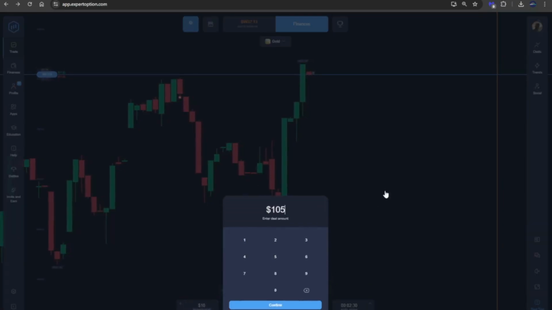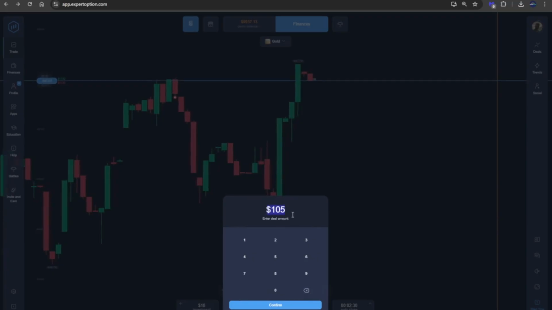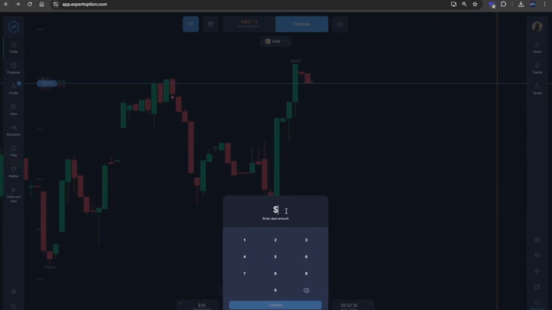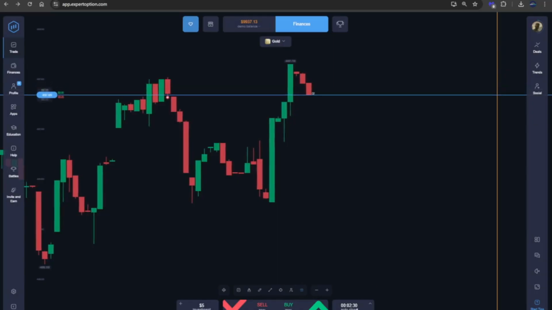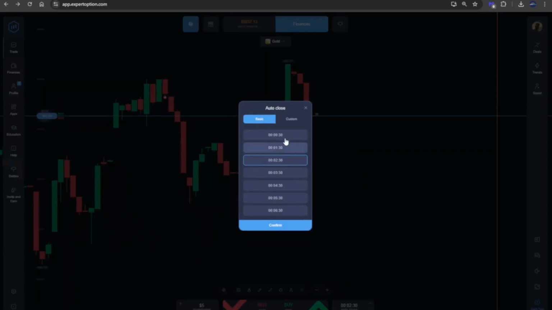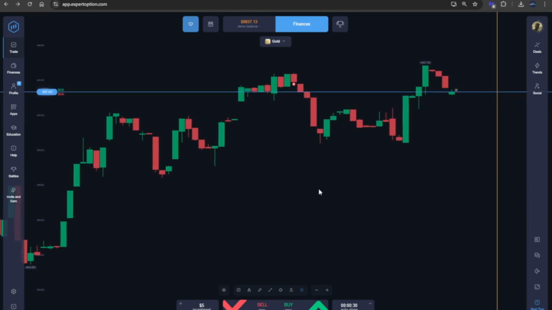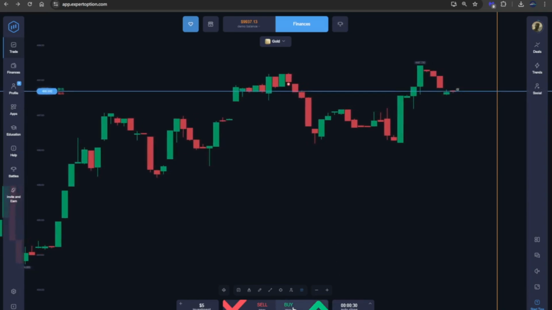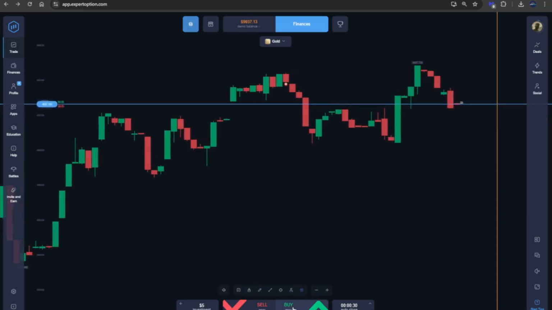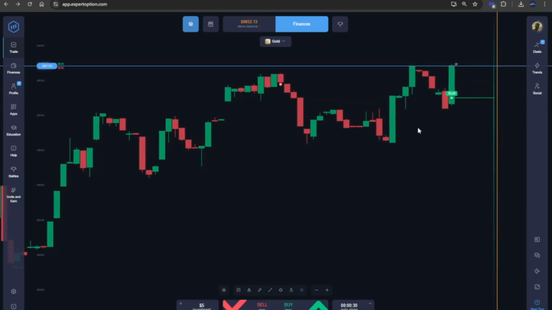All right. Let's change this now. It's $5. Use a smaller time frame, 30 seconds. And then let's go for a buy here and see how it goes.